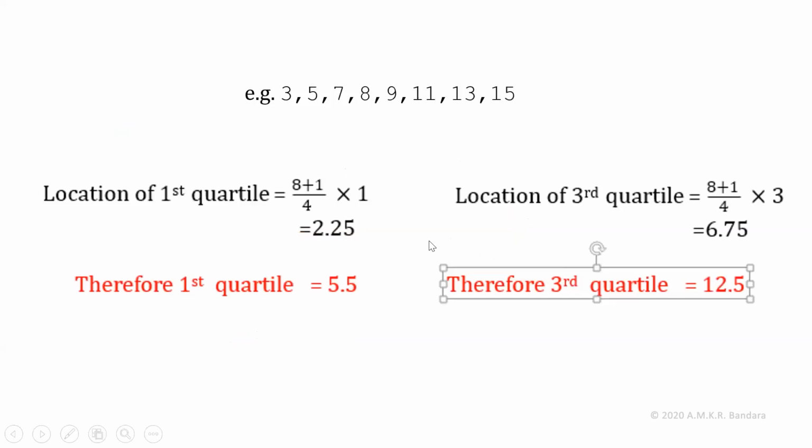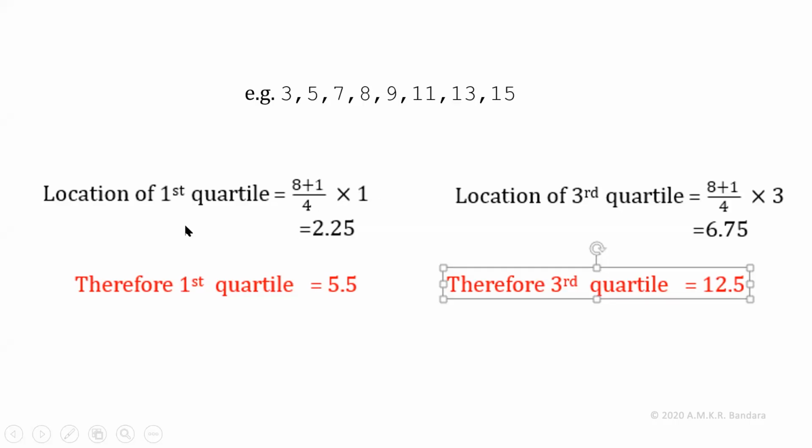So the first quartile of this data set, where we have 8 data points: 8 plus 1 divided by 4 is 2.25, and we need the first quartile, so we multiply by 1.